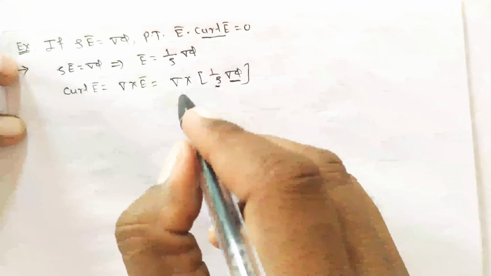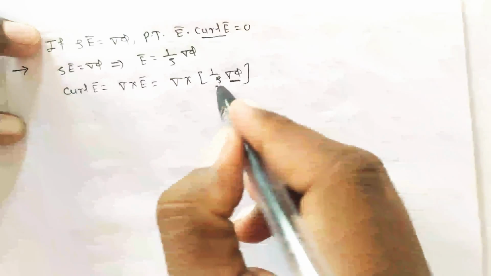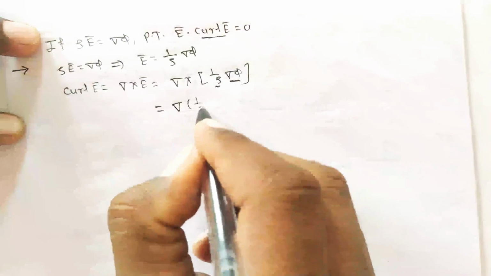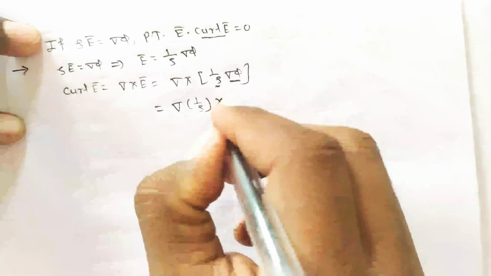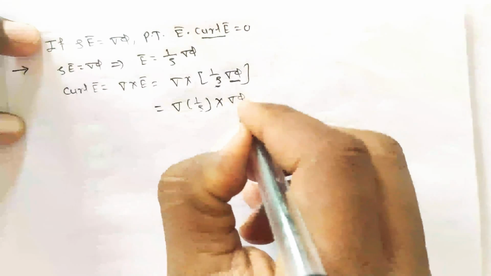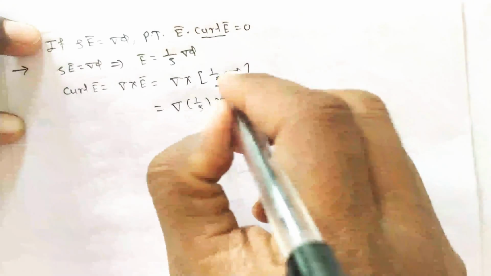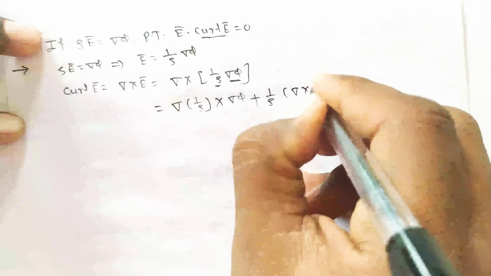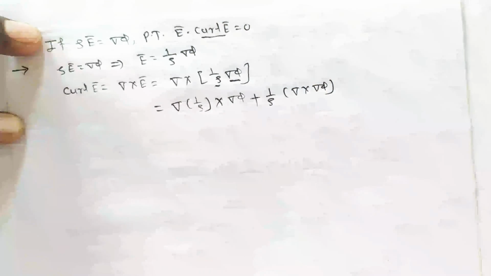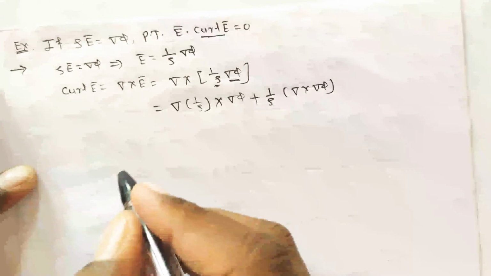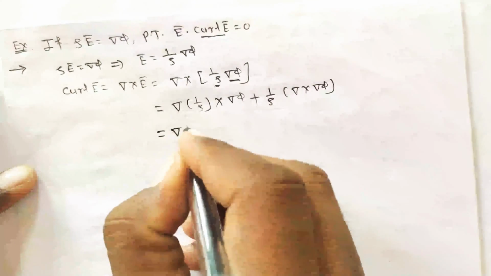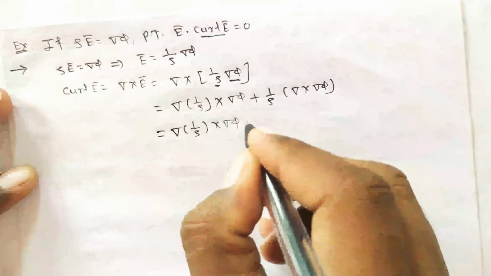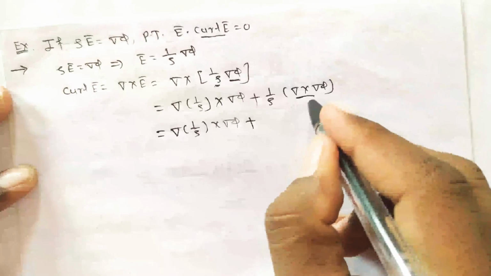So using the second identity, del cross phi u bar is equal to del phi cross u bar plus phi into del cross u bar, we get del of 1 upon rho cross del phi plus 1 upon rho into del cross del phi.